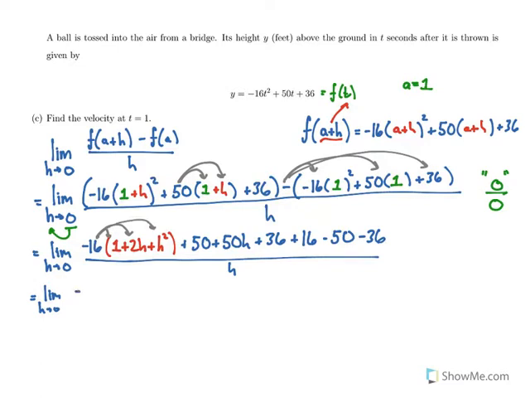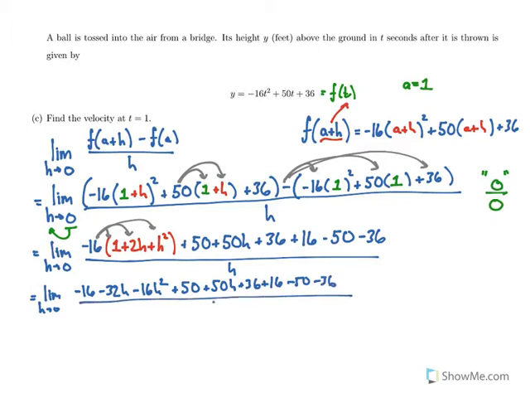So overall, we have negative 16 minus 32h minus 16h squared plus 50 plus 50h plus 36 plus 16 minus 50 minus 36, all over h. And note that there's a lot that we can cancel out here.